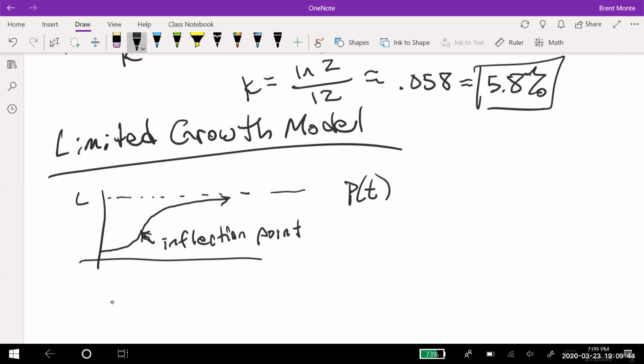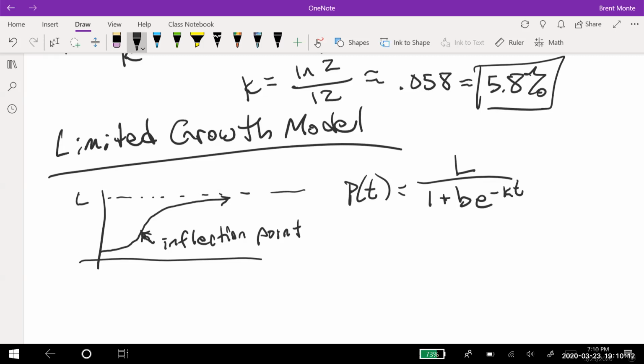For instance, a rabbit population in a forest. It can't get too big because it runs out of food. So they usually use P of T for population size, but it can be other things as well. It's L over 1 plus B e to the negative KT.